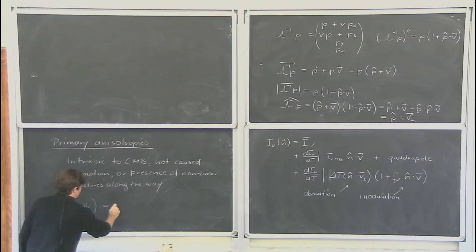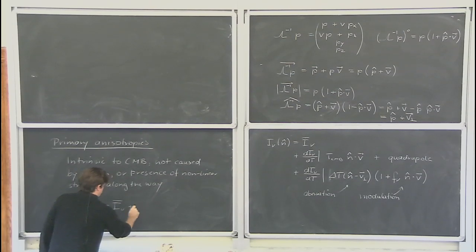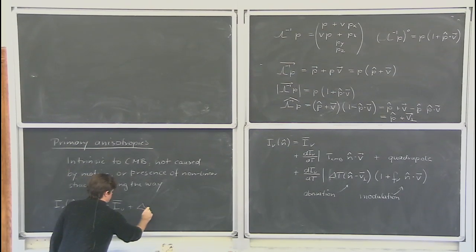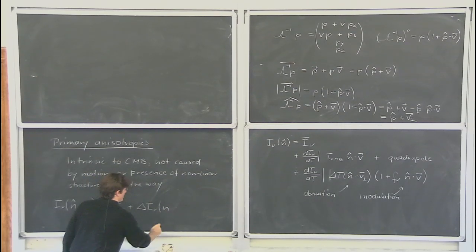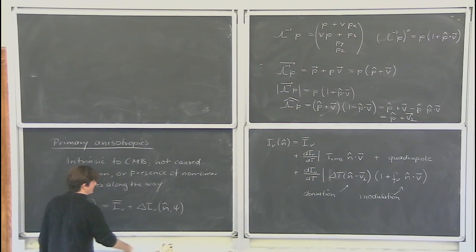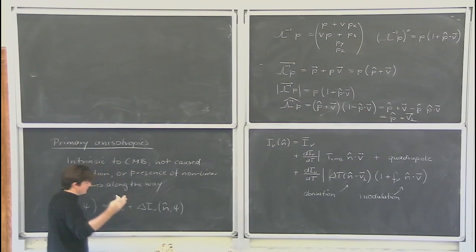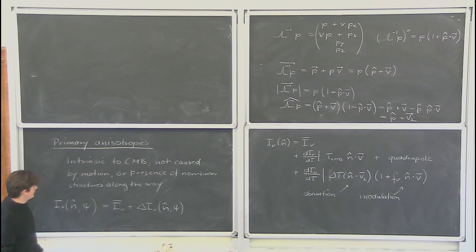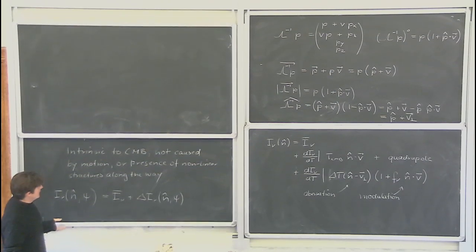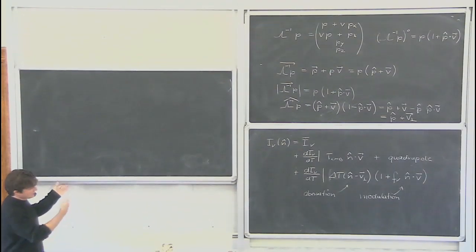And so here you have the monopole plus the intrinsic fluctuations, delta I nu of n hat. Again, that depends on the direction you're looking and the orientation of your polarization filter. And here I'm assuming now that these maps are corrected for the motion.